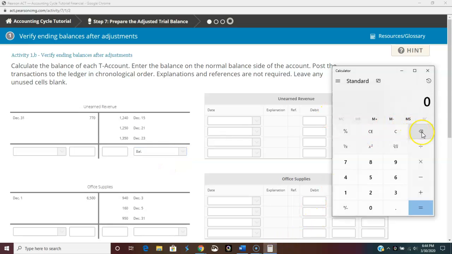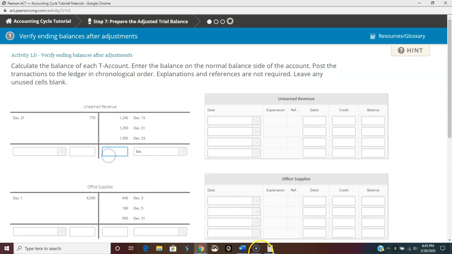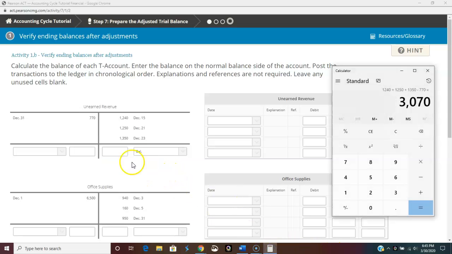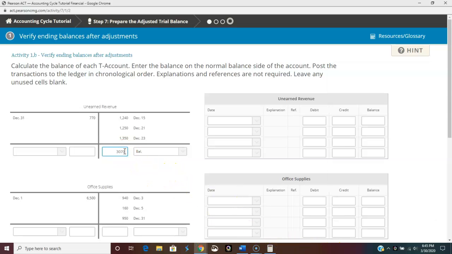So we're going to go 1240 plus 1250 plus 1350 minus 770, which equals 3070. And then over here on December 15th, we have a credit for 1240. So the balance is 1240.